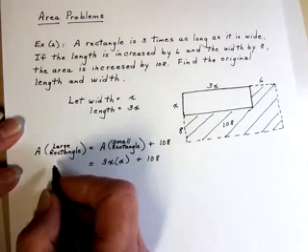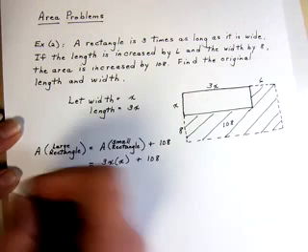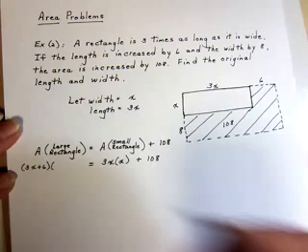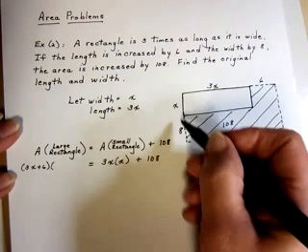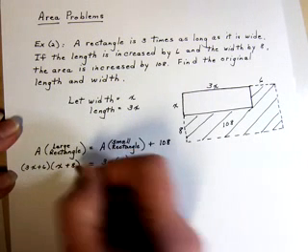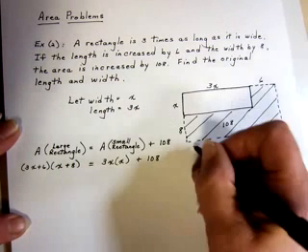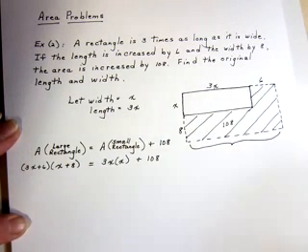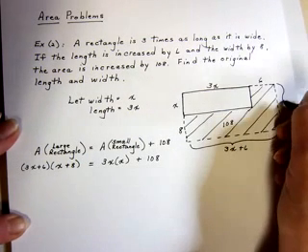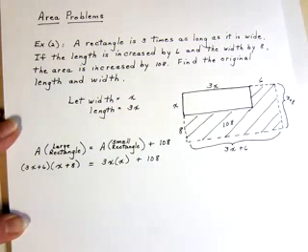For the area of the large rectangle, the length is 3x plus 6, and the width is x plus 8. This length is 3x plus 6, and along this side will be x plus 8.